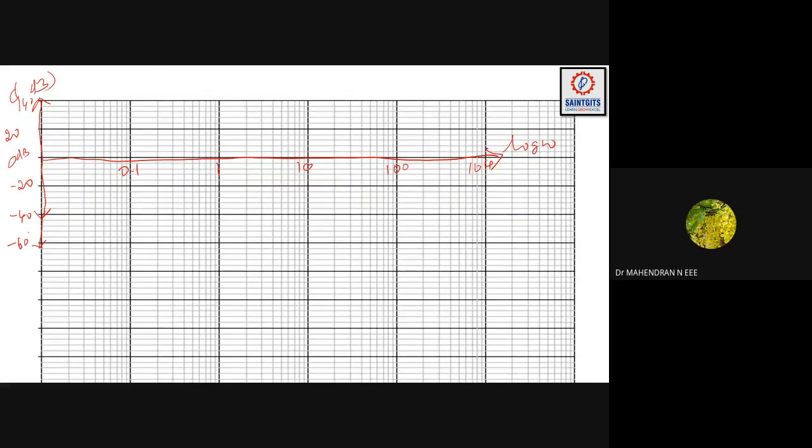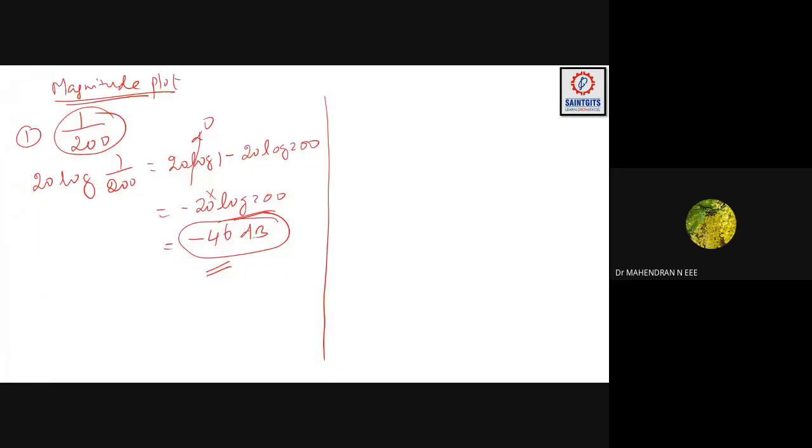This first term magnitude plot is 20 log of 1 divided by 200, and there is no change in slope, so it will be 0 dB per decade. Am I right?